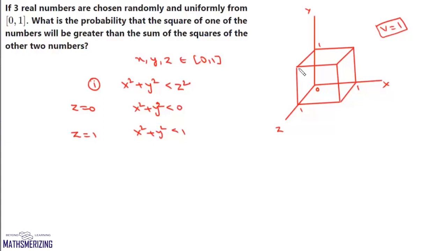So at 1, we have this circle. So this is the region, and at 0, there is no point. At any general point, z equals r, we'll get x square plus y square less than r square. So at any z which is equal to r, it'll represent this portion of circle with the radius r.